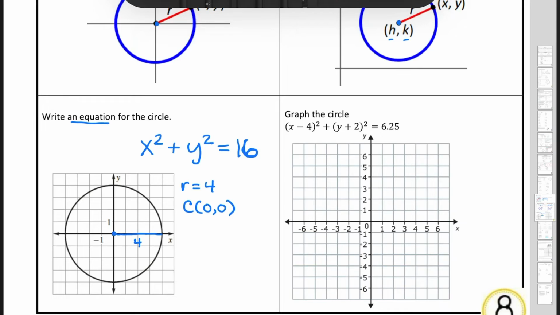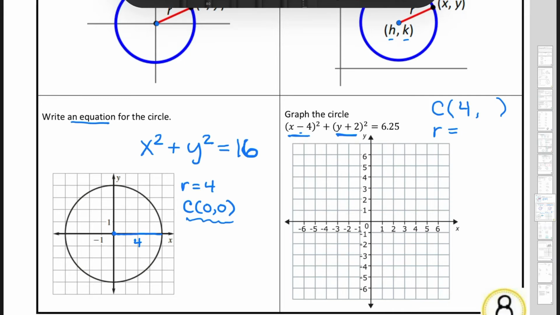This time they're giving us the equation, and we have to try to figure out where the center is and what the radius would be. Let's start with the center. We can tell that the center is not just at 0, 0 like the last one, because it has that funky stuff in here. So remember, x minus the x value of the center.